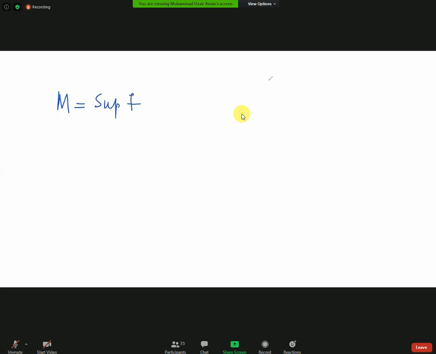on this interval, and small m is the infimum of f on this interval. We know that f is bounded, so it lies between its infimum and supremum.